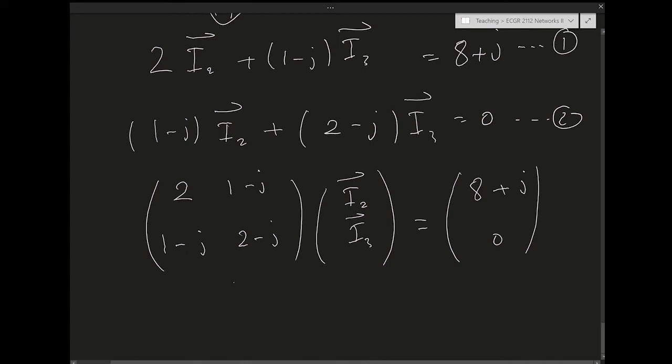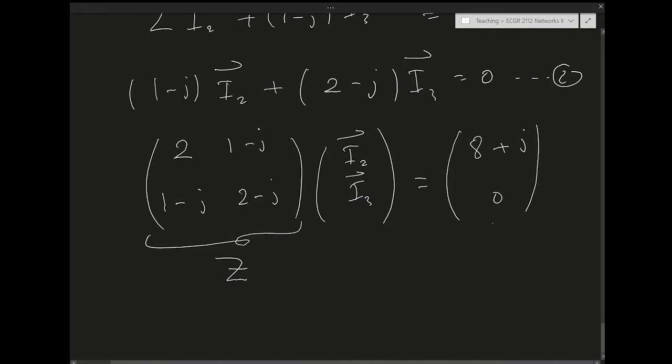So let me call this matrix, let's call it Z. This doesn't mean that this is an impedance, this is a matrix. It's just from the analogy to Ohm's law, where current times impedance gives me voltage. So I call this V. This doesn't mean that this is a voltage, this is just a column vector.